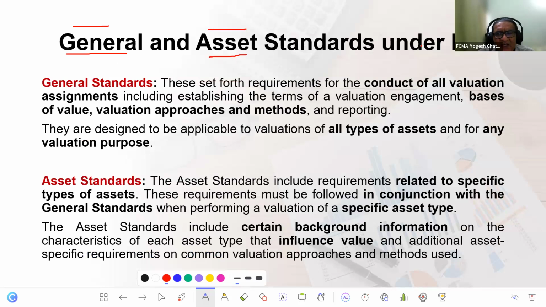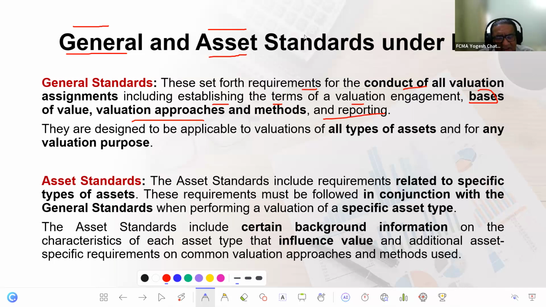The meaning of general standard, we all are aware about that. It sets the requirements for the conduct of all assignments, including establishing the terms of a valuation engagement, the basis of value, the valuation approaches and method, and the reporting.